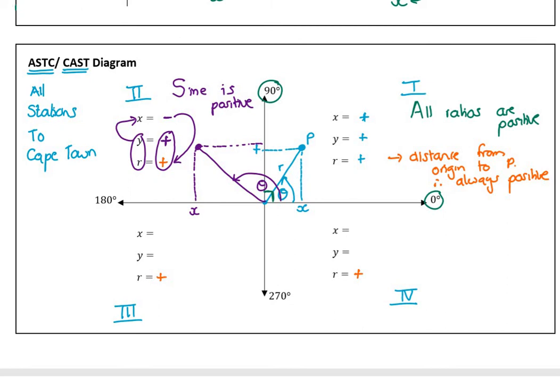So let's look at an angle of theta that goes all the way into the third quadrant. So this would be a reflex angle, between 180 and 270. So if my point P went down there, if you look at this x value, you'll notice this x value is still negative. This y value is now negative. So which trig ratio will end up being positive in this particular quadrant?